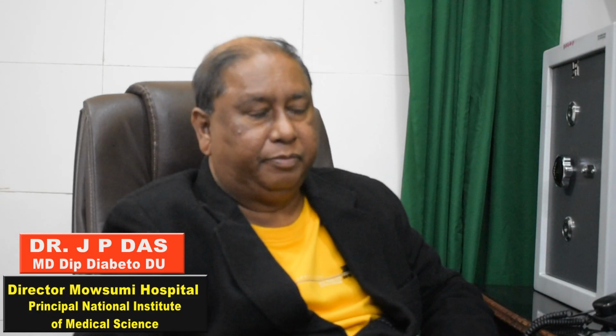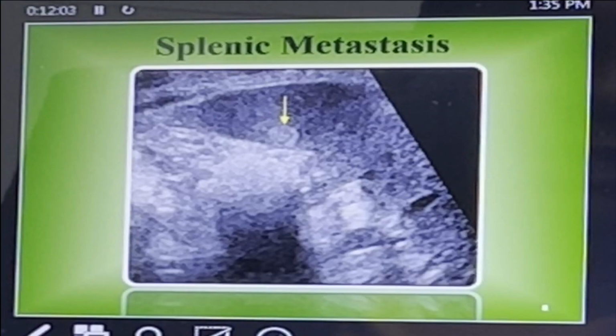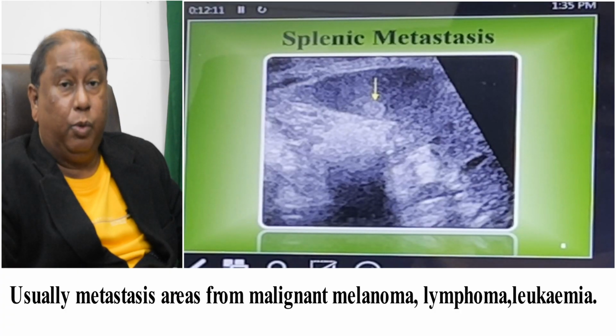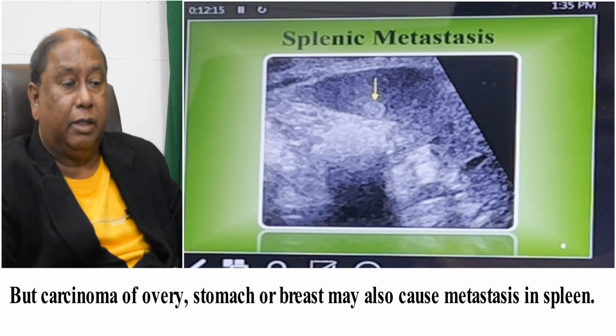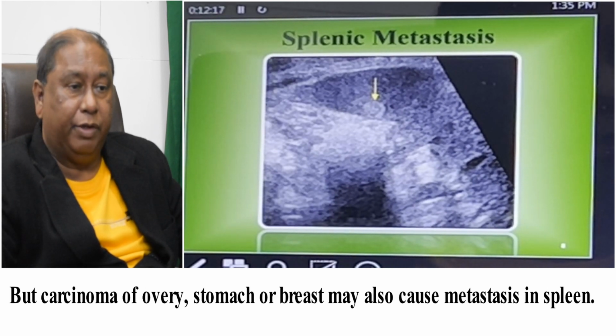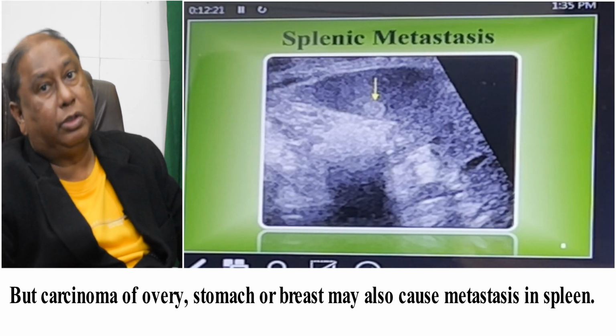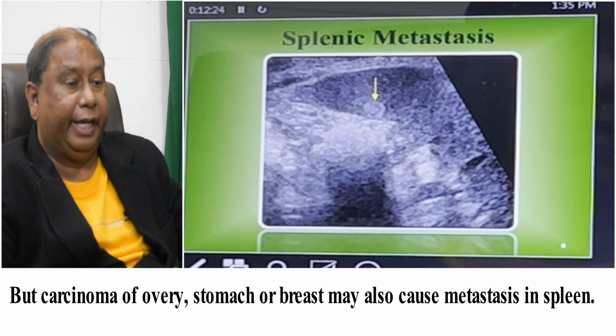Usually, the primaries are malignant melanoma, lymphoma, leukemia. But carcinoma of the ovary, stomach, or breast may also cause metastasis in spleen.